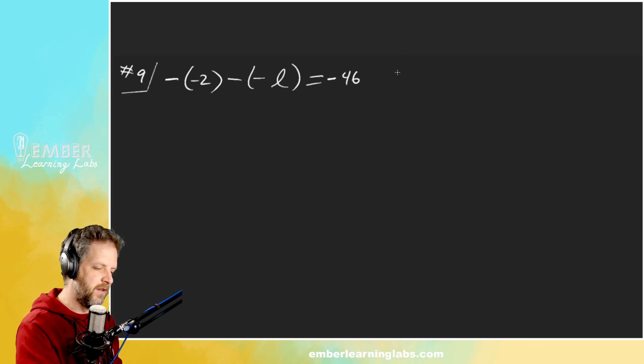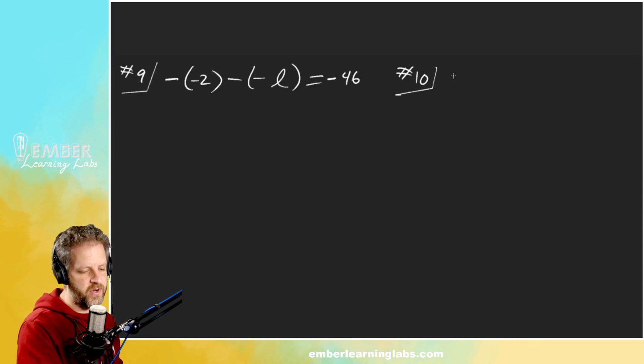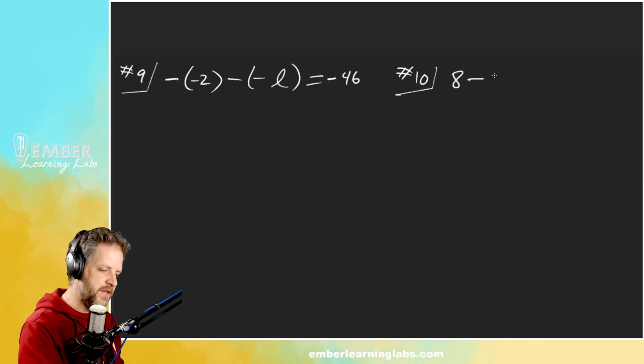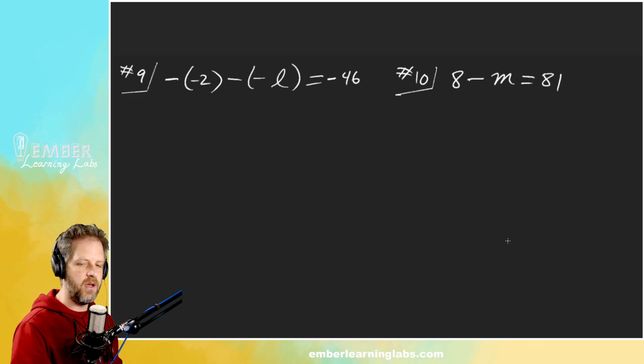Looks scary, but it's really not so bad. Number 10. This one will do 8 minus m equals 81. All right, ready, set, go.